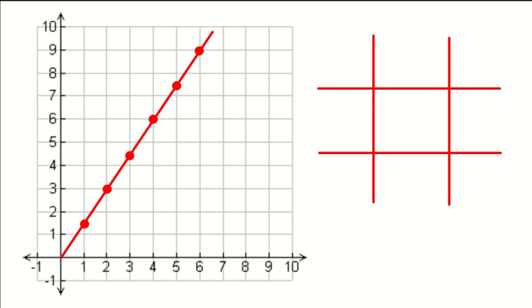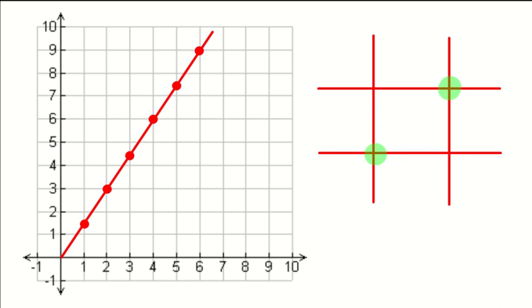What we want to look for is a point on the graph that is on the corner of the grid lines, okay? So over here on the right, the thing that looks like the tic-tac-toe board, if we pretend that is the grid lines of a graph, what we want is to use points that are on the corners, okay?